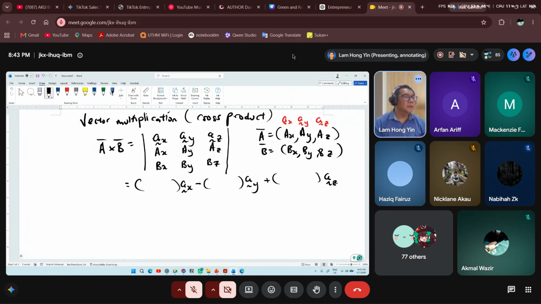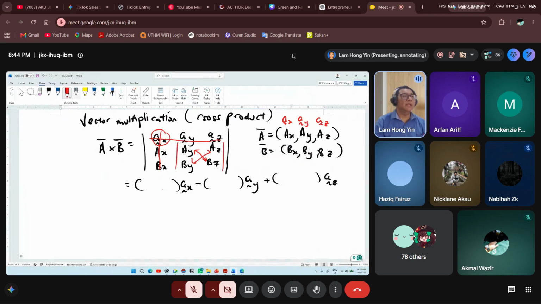For example, to find the ax component, you cross out the row and column not related to it, and what remains is a two by two block.